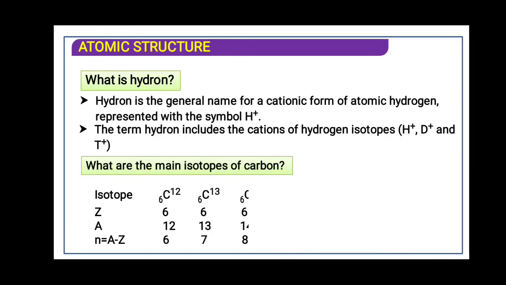Mass number 12, A is the mass number, and to find the number of neutrons, very important, numericals are also asked to find the number of neutrons. For the number of neutrons, you have to subtract the atomic number from the mass number.